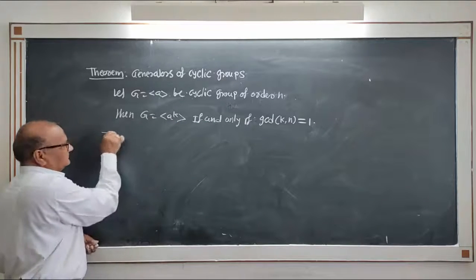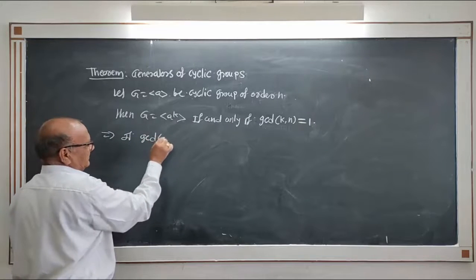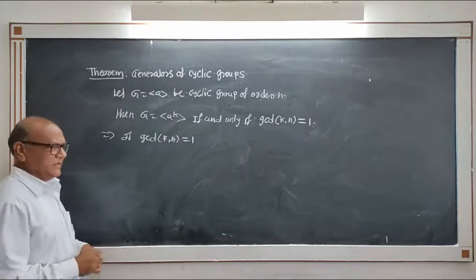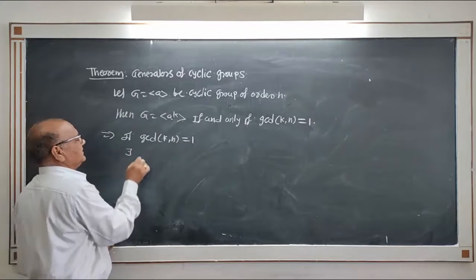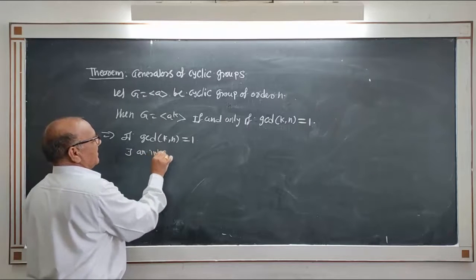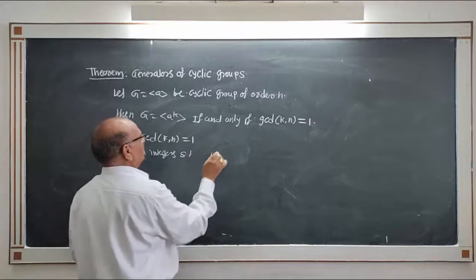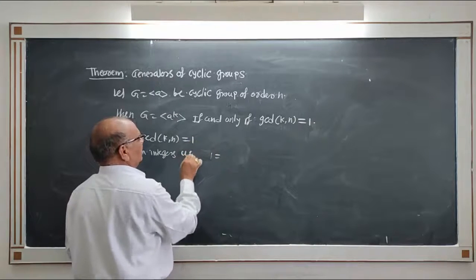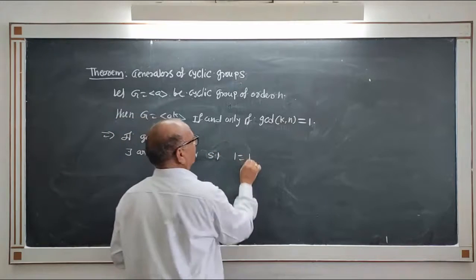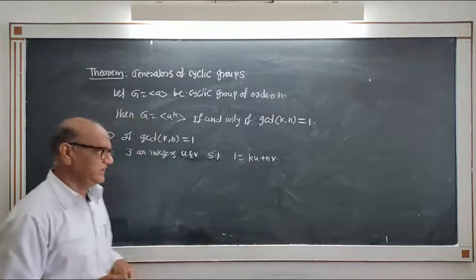Here, if GCD of k and n is equal to 1, there exist integers u and v such that 1 can be written as ku plus nv.